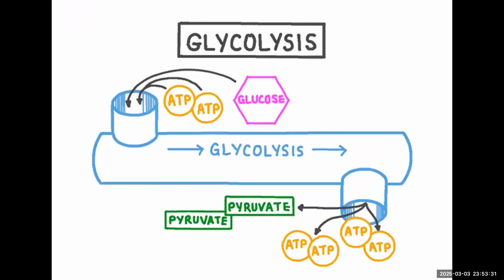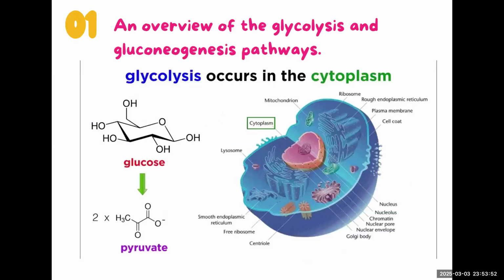During this process, we break down this 6 carbon molecule into two molecules of 3 carbons, which is pyruvate, and we generate 4 molecules of ATP. Of course, this process, as we explained before, takes place in the cytoplasm.